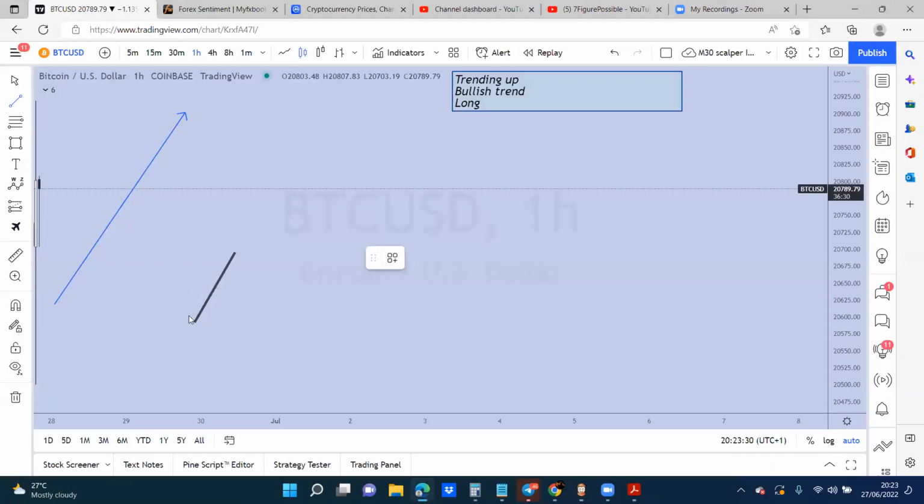So if you see just one line pointing upwards, you can't say it is trending upwards. You can just say it is going up. Why? Because the next wave, since I say price moves in waves, could do something like this. Now, in this case, you can't even say it is an uptrend.